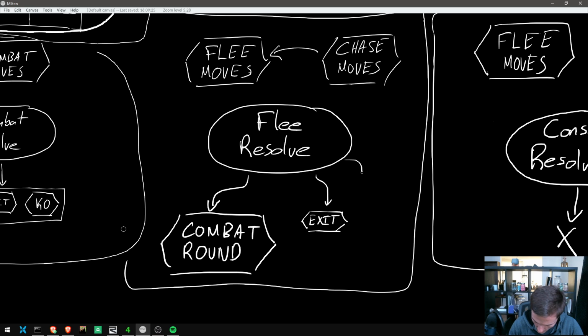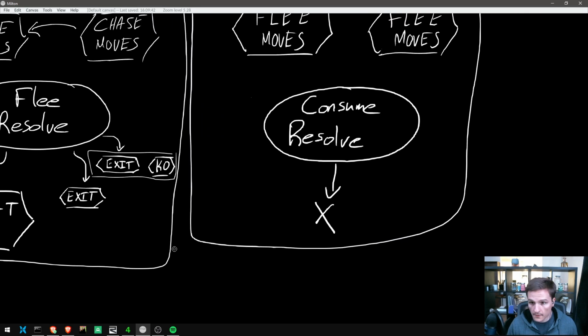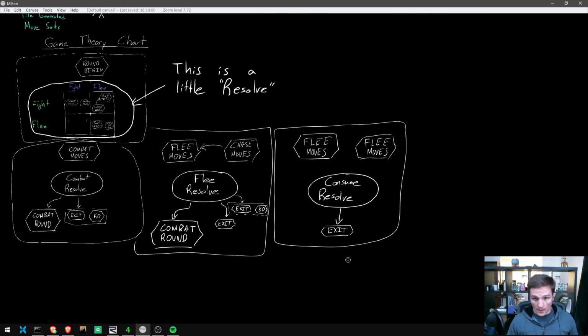Or maybe even an exit KO. I'm not going to rule out the possibility that during the chase there is still damage happening one or both ways. Right? So this will be able to go to any of those states. This always leads to an exit exit state. Okay.